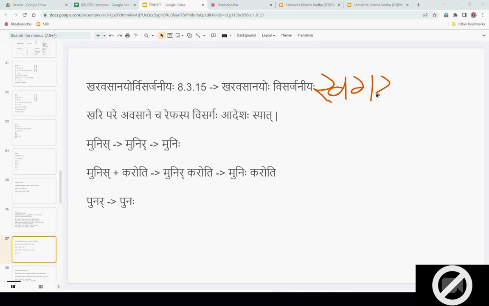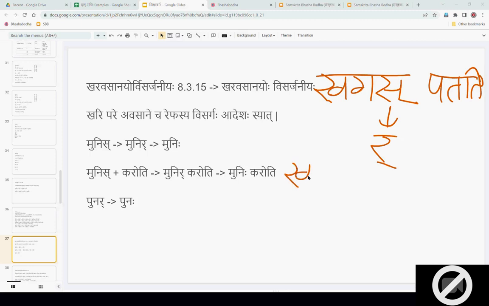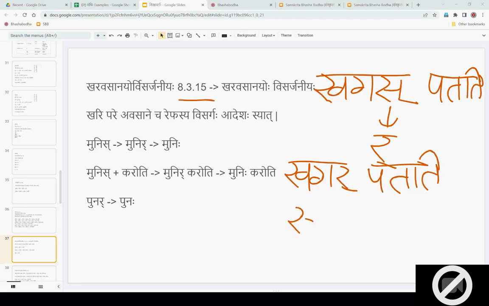it starts as khagas patati. Then sa changes to ra because of 8266. Right? Khagar patati. Now you apply 8315.